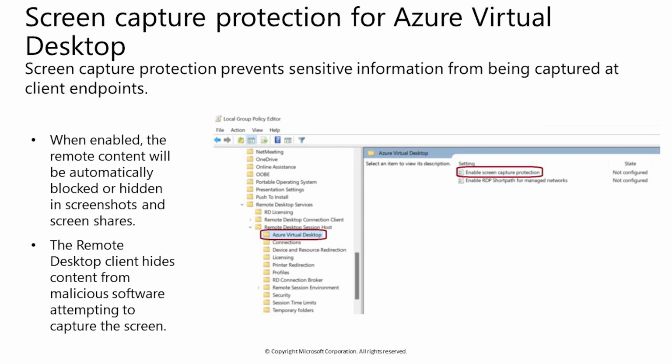When you enable this feature, as you can see, the remote content will be automatically blocked and hidden in the screenshots, depending on the shares you're taking. This screenshot protection can be configured at your session host level, and you can enforce it onto the client as well. The question here is, which clients?